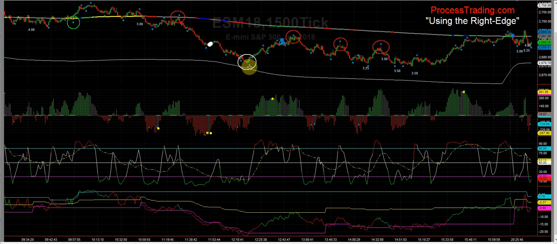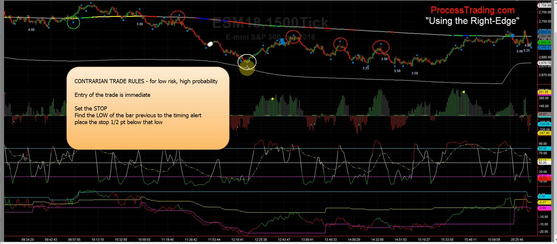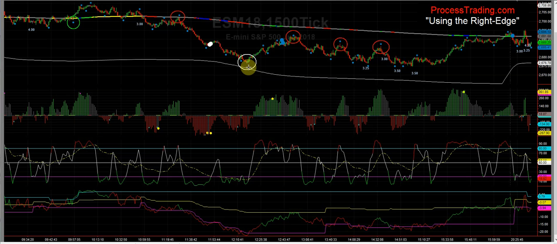And if you're going to take this discretionary trade, you're going to want to follow the rules of the contrarian trade. And that is, once you see this doji, you set your stop a half a point below the low of that doji. And then you would really be taking your trade and analyzing it on the next bar.